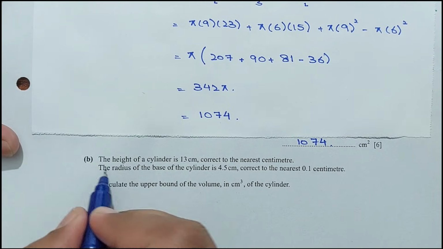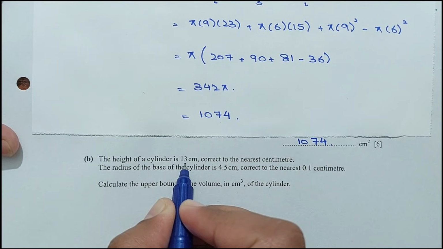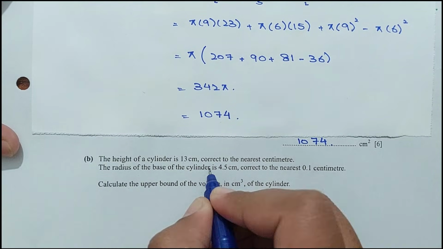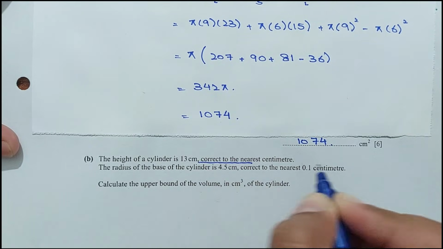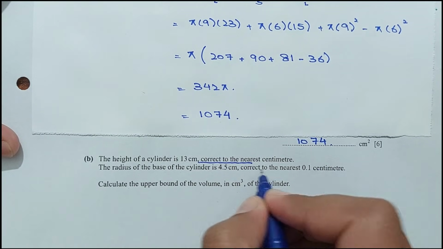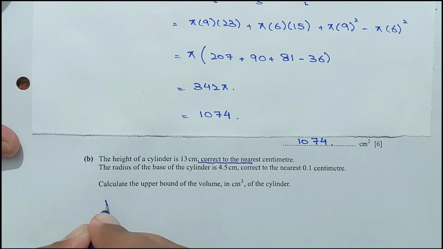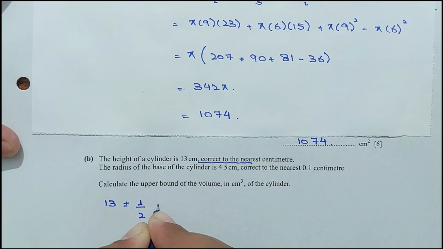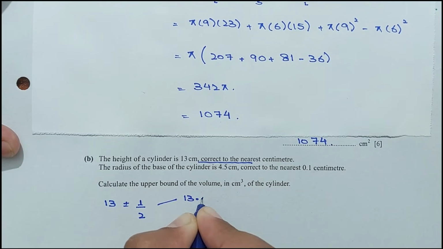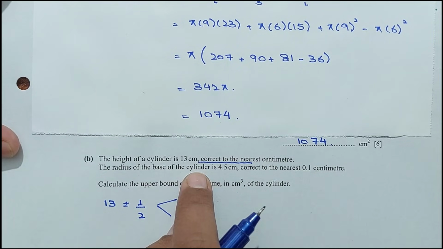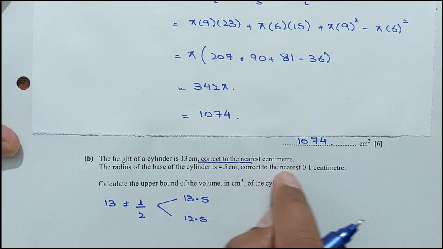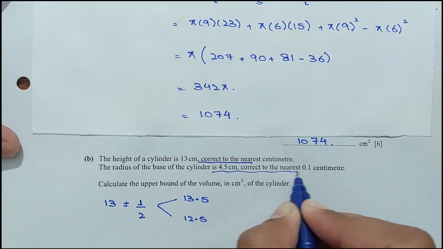Now for part B, the height of a cylinder is 13 centimeters, correct to the nearest centimeter. So whenever we have correct to the nearest, it means we have to add or subtract half of the unit. It's 1 centimeter, so 1 by 2. So 13 plus or minus 0.5, which is 13.5 and 12.5, the upper and lower bounds. The radius of the base of the cylinder is 4.5, correct to the nearest 0.1 meters.